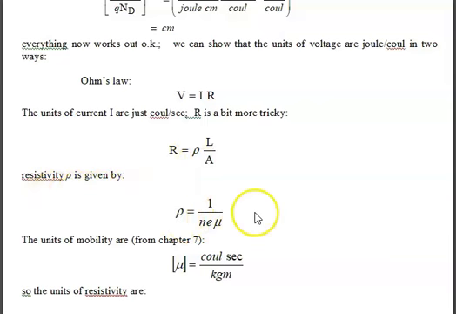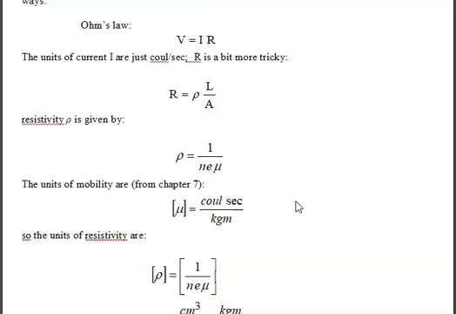Now the resistivity, I think this goes back to session 1 or 2, or probably session 2, is given by 1 over the number of charges per cubic centimeter multiplied by the electronic charge. Sometimes we use E, sometimes we use Q, doesn't matter, it's all the same thing.